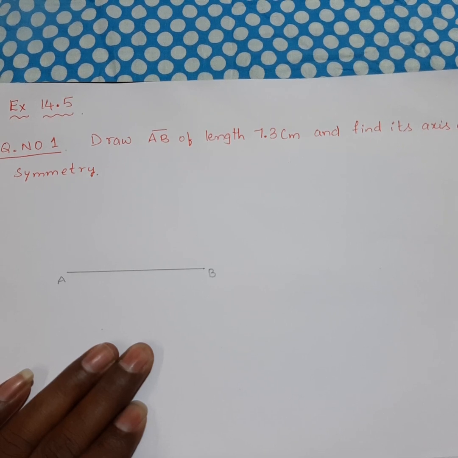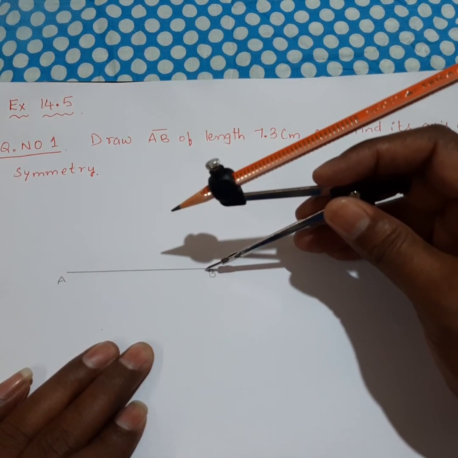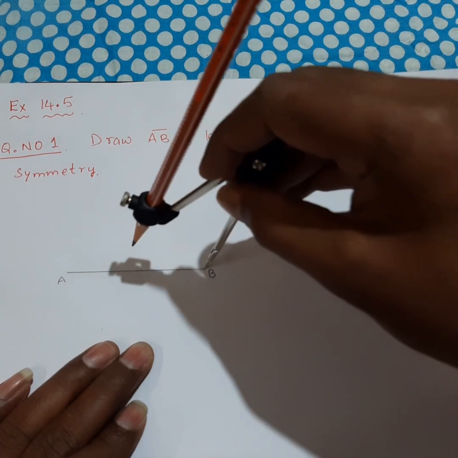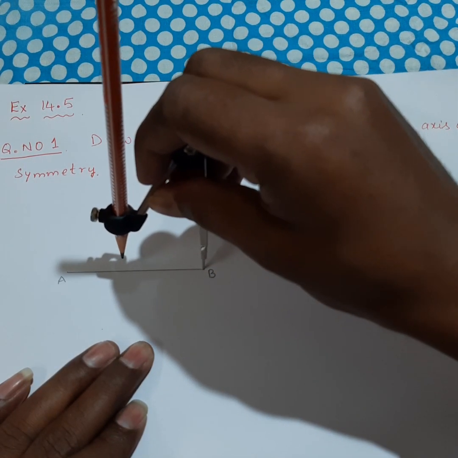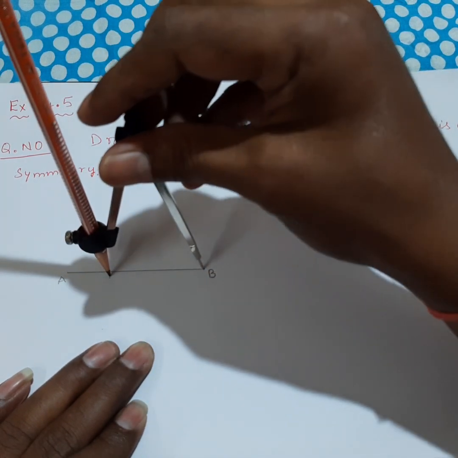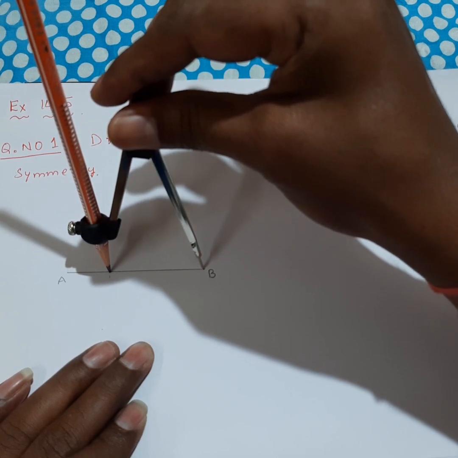By using a compass, take more than half of the length of AB. You can take it from B also. Children, see this here, like this is more than half of the length of AB.